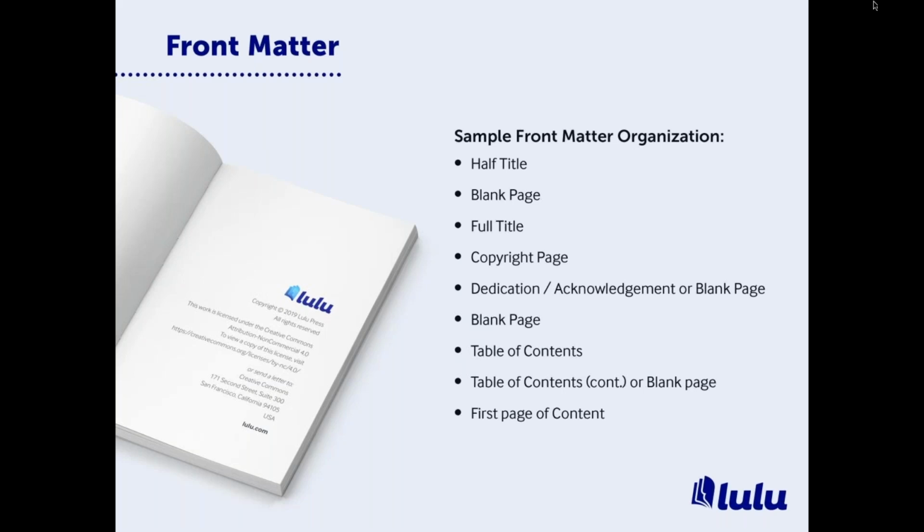You can see these are all standard front matter that you may be looking to include. This is our recommendation, but you can find a ton of examples on Google if you're looking for something more specific to your project.